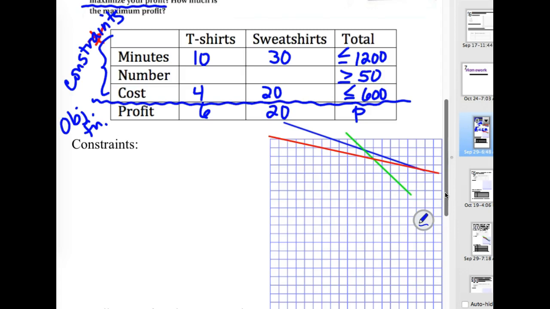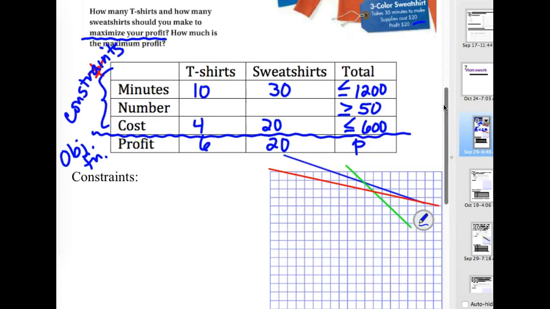All right. In order to write out the inequalities, you have it set up. It's basically staring at you. It's just waiting for you to write them. What we have to do is define our two variables. So remember we said the column headings are the things you're making, right? So I'm going to say X equals the number of t-shirts and Y equals the number of sweatshirts.